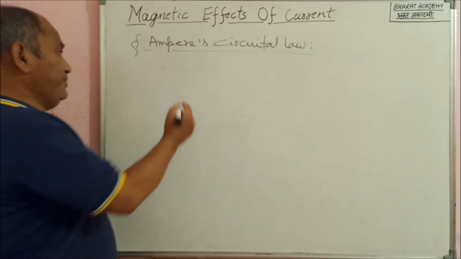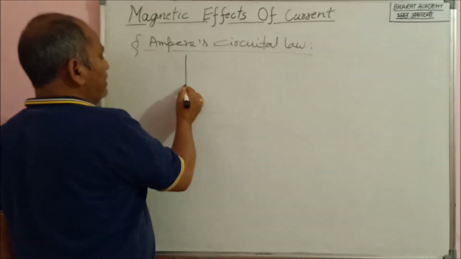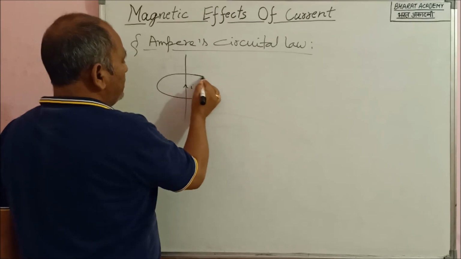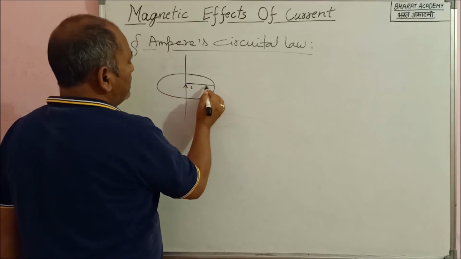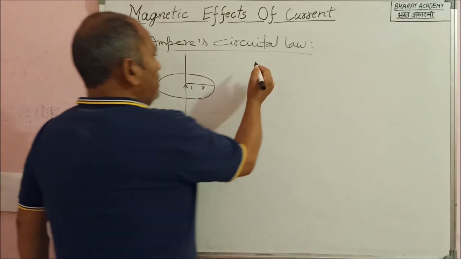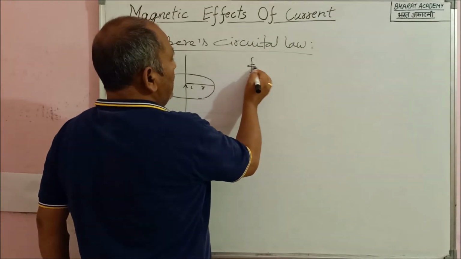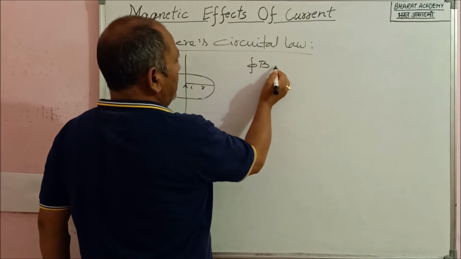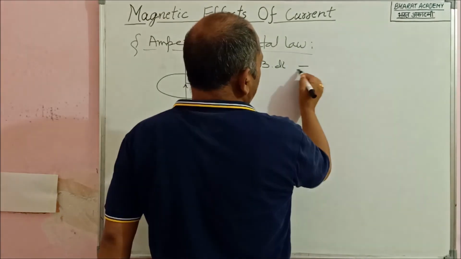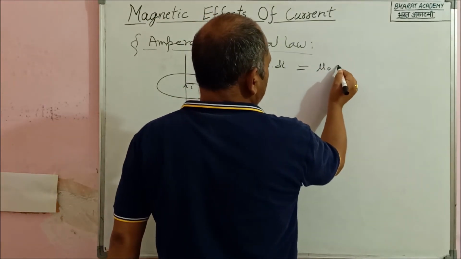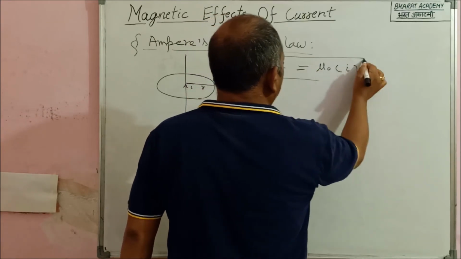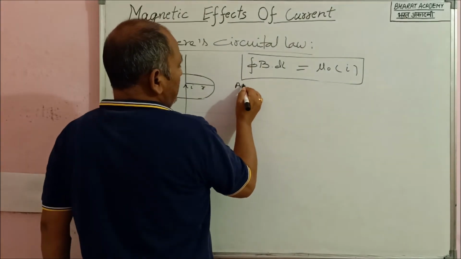So here, if I am having a straight current carrying wire I and I consider a loop around it, a loop of radius r, what this theorem says is that the closed line integral of the magnetic field around a straight current carrying wire is always mu 0 times the current passing through that wire. Write it down in terms of the statement.